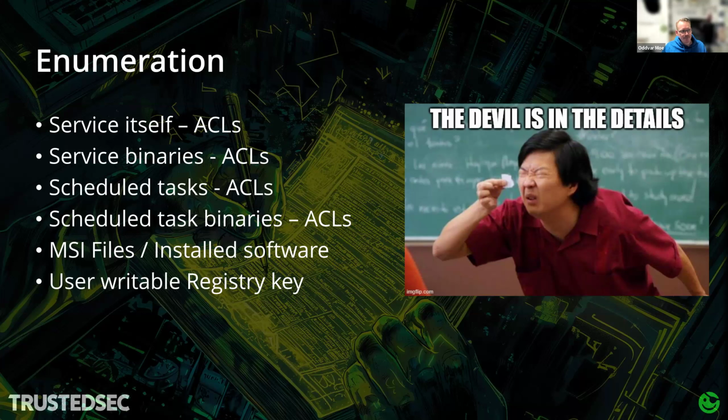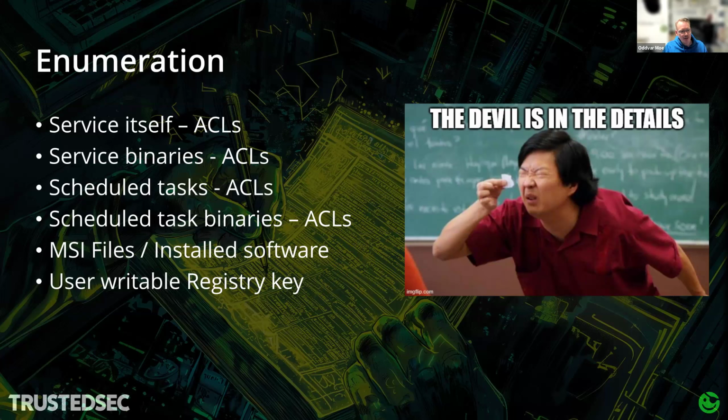But you also have the service binaries where the service runs from. So when a service starts, it runs the binary that is defined in the path. So you want to look at ACLs where the binaries are located, because that can sometimes be interesting, especially if all of a sudden you are a user and you have write permissions there. We'll cover more scenarios a little later in terms of exploiting this, but this is just to go over the typical things you would gather.